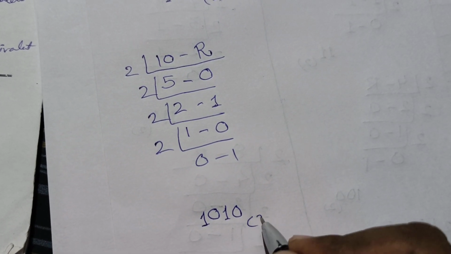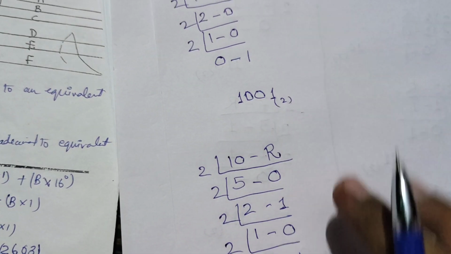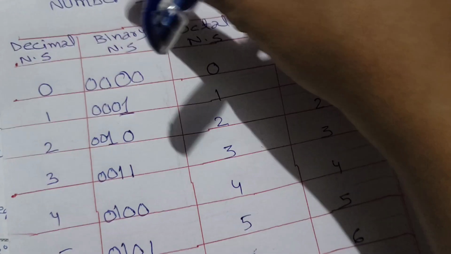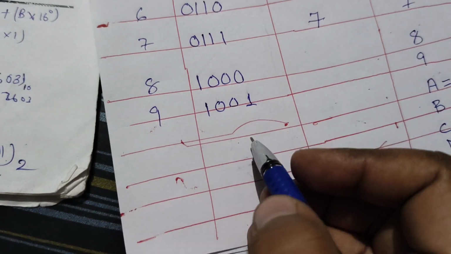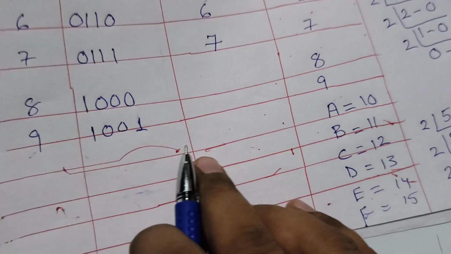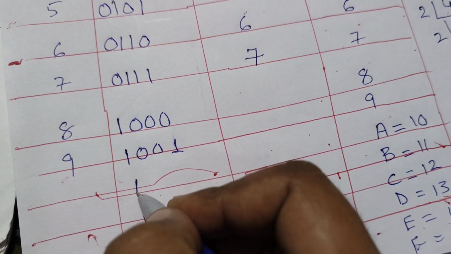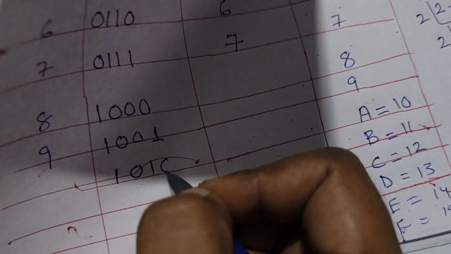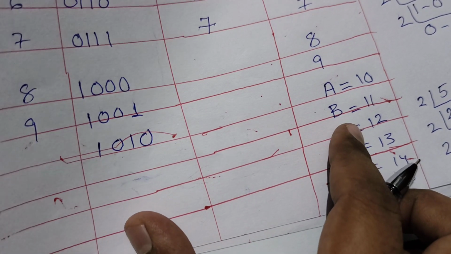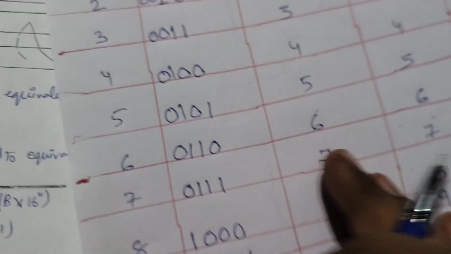This is the value of 10 in binary number system. So here this is 10, so we will write 1010. Now we have to find out the value of 11 in binary number system.